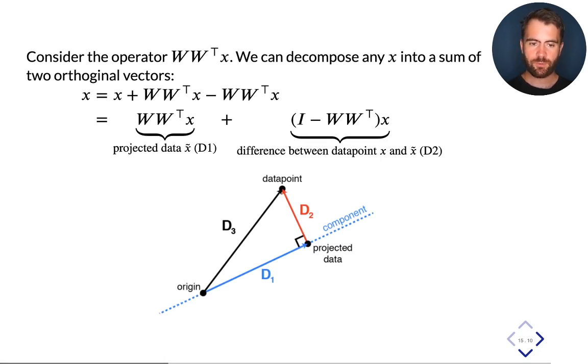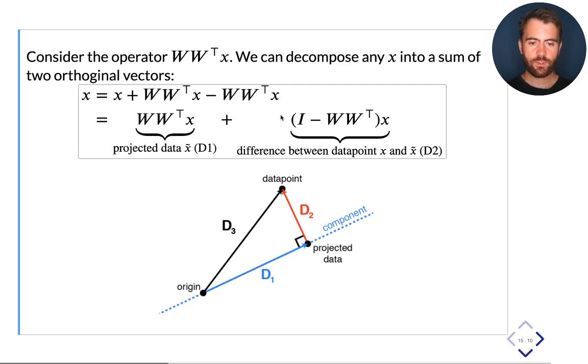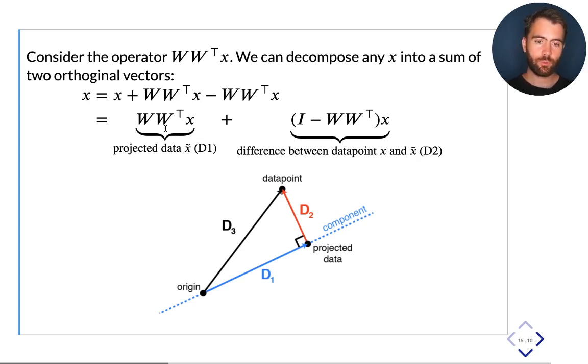This requires two steps. First, I'm going to take an input x, and just by a few algebraic operations, where I add and subtract this quantity, I can decompose it as the sum of two vectors. This one and this one. The first one corresponds to the coordinates of the projected data point.